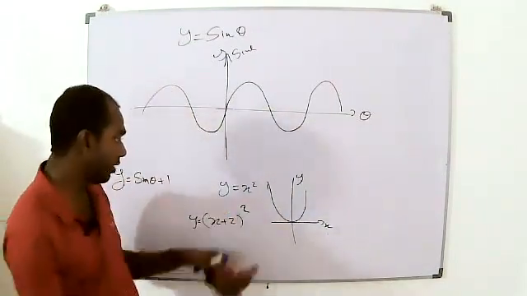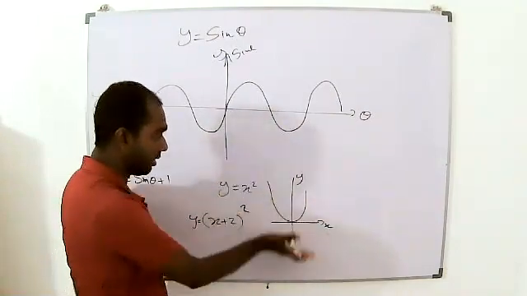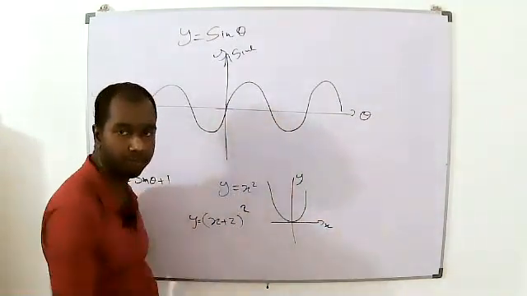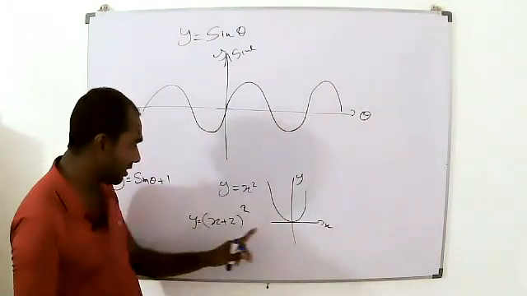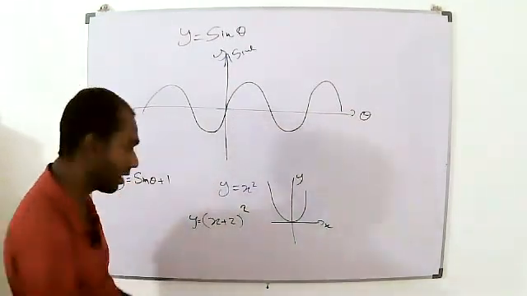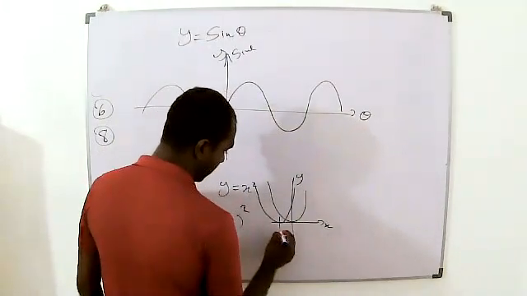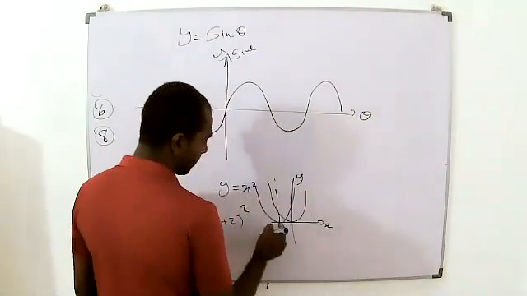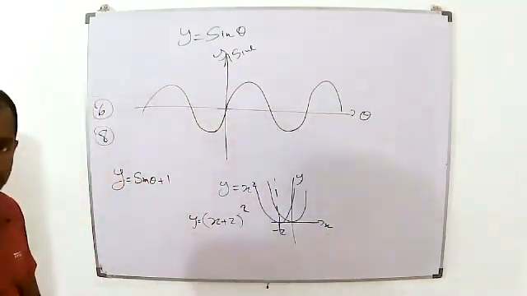Earlier it was an external addition, so that the graph moved up and down. Now this is an internal addition. What happened? If it is addition, it goes to the left side. If it is a subtraction, it goes to the right side. I hope you can remember those things. This symmetrical axis comes to minus 2.